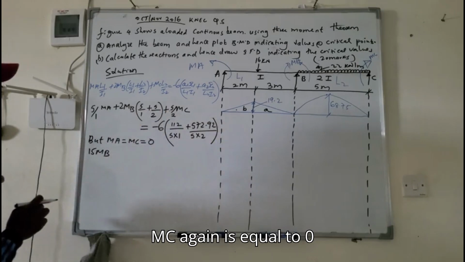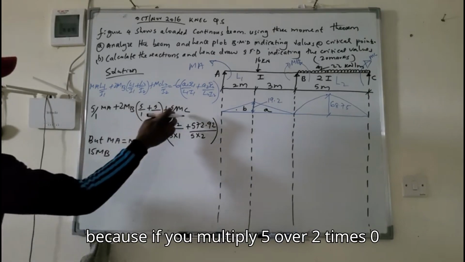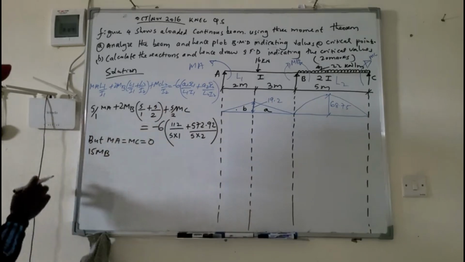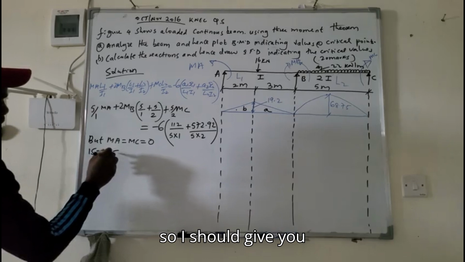MC again is equal to 0, because if you multiply 5 over 2 times 0, it will give you 0. The same to this one.